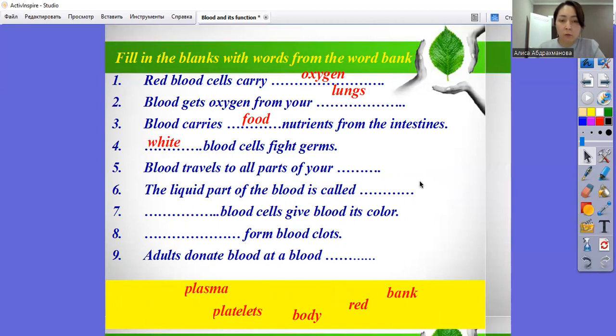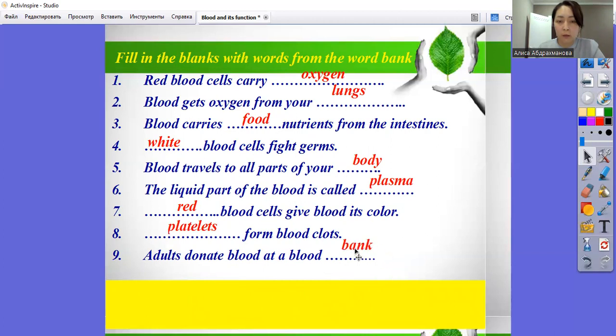Blood travels to all parts of your body. The liquid part of the blood is plasma. Blood cells give blood its color. It's red, because they contain hemoglobin. Form blood clots. It's platelets. Adults donate blood at a blood bank. Яғни ересектер қан тапсыру орталығына қан тапсырады.